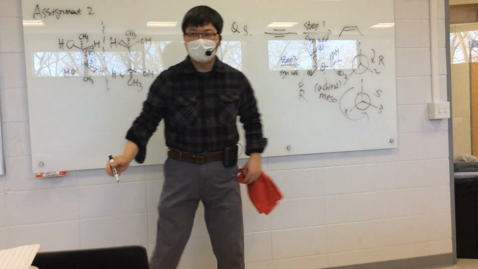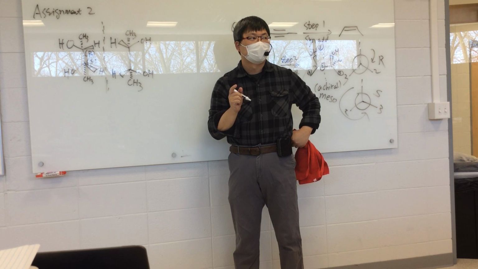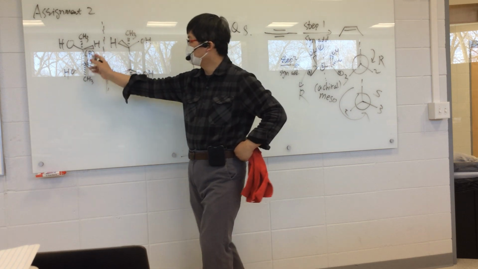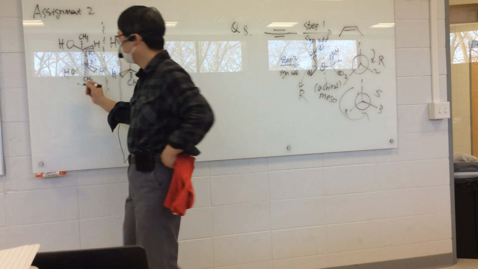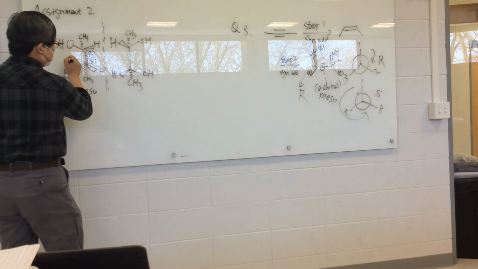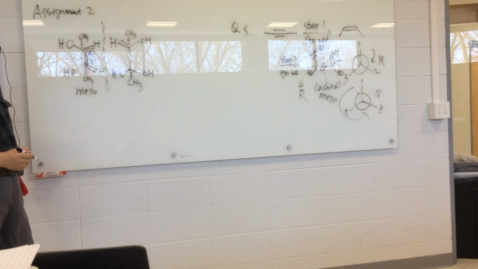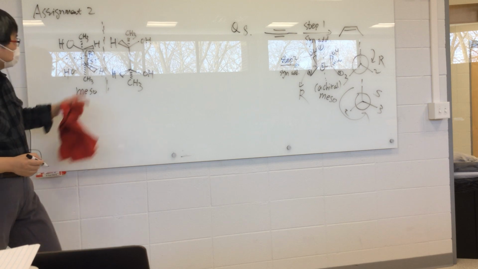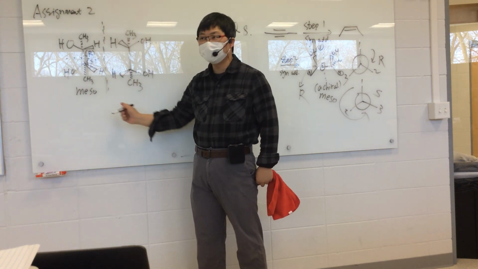So what's the relationship between these two compounds? Just now we said this R, this S. That is what? It's a meso compound, right? Because there's a mirror plane. So are these two mirror images of each other according to this plane?